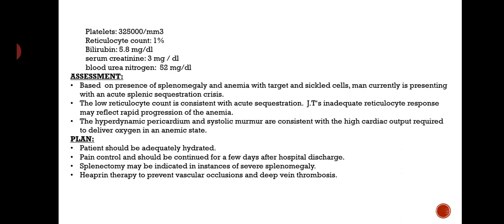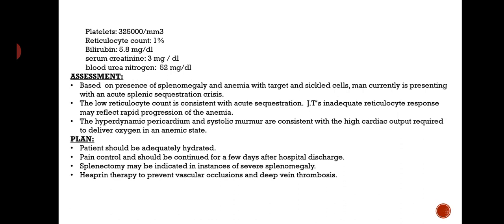Platelet count is also normal. Reticulocytes are also within the range. The bilirubin is 5.8, which is higher than its range, so it indicates hyperbilirubinemia, which indicates jaundice, or also liver dysfunction.